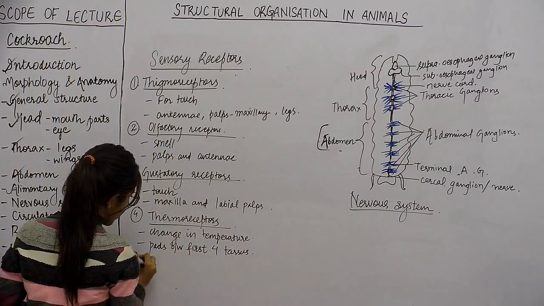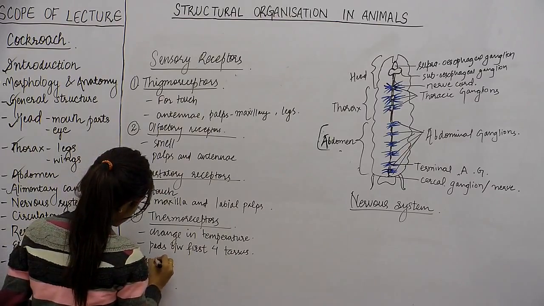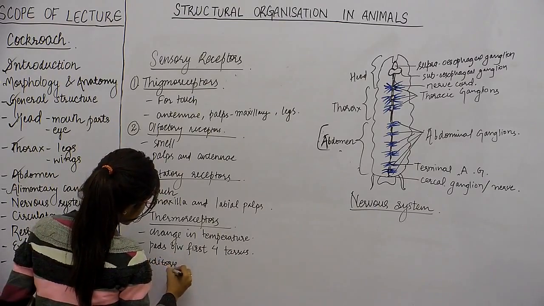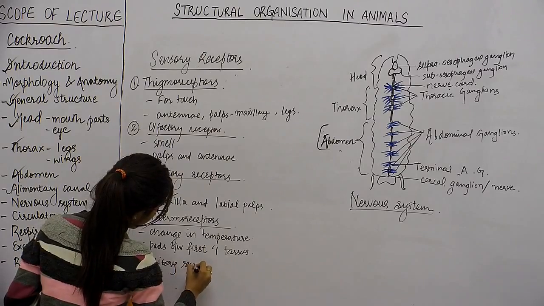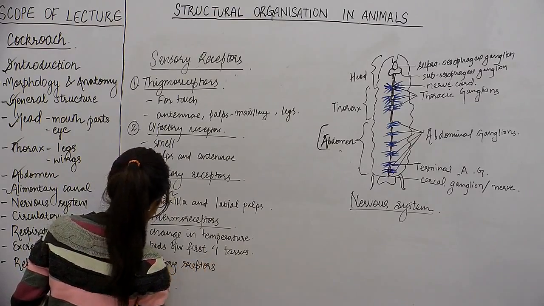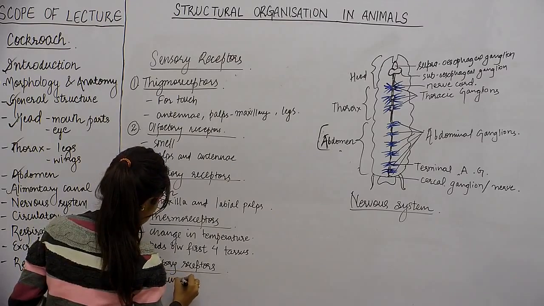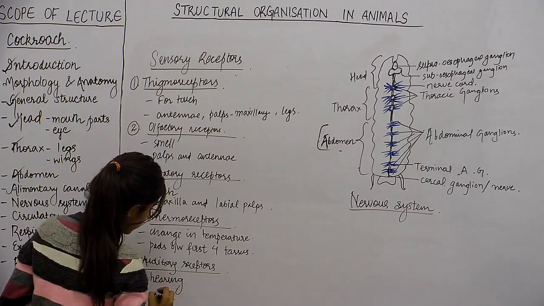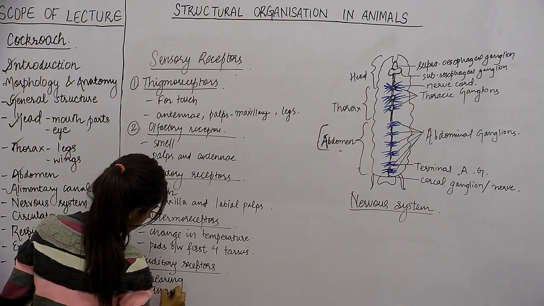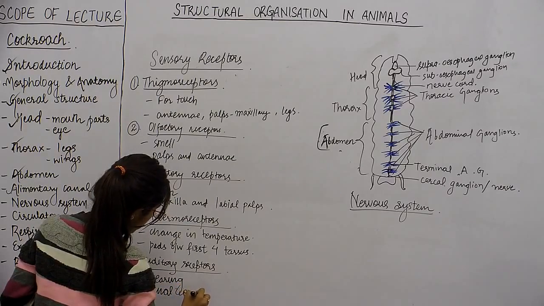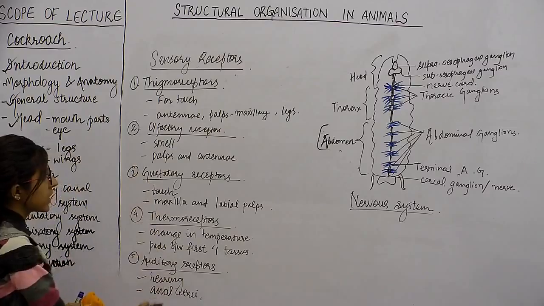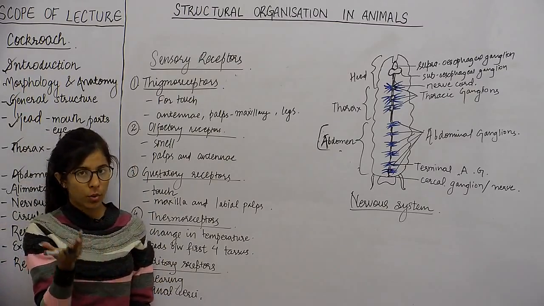And the number 5 are the auditory receptors. Auditory, as the name suggests, they are for hearing, and they are present on the anal cerci. So these are the 5 kinds of sensory receptors which are found in cockroach.